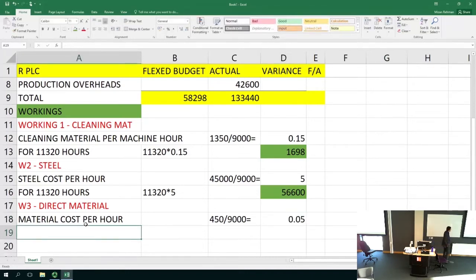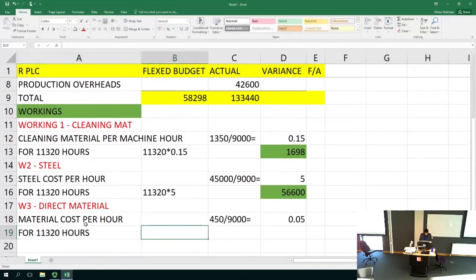Direct material cost is £5 per hour. We will simply multiply this figure by 11,320 to get the estimated or budgeted cost for our actual activity.